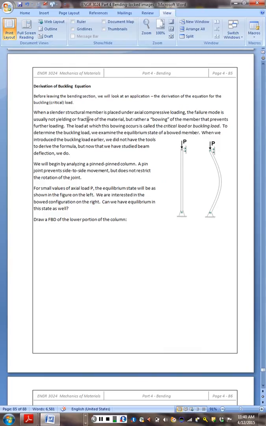This section will work through deriving the buckling equations that we used way back at the beginning of the semester with the lab working on the buckling equation with the wooden dowels.